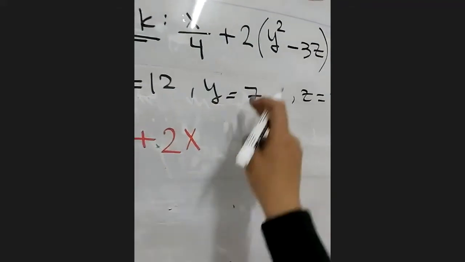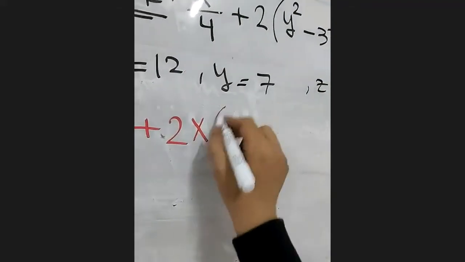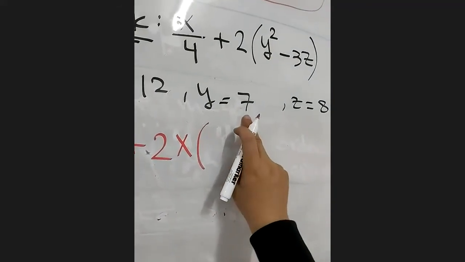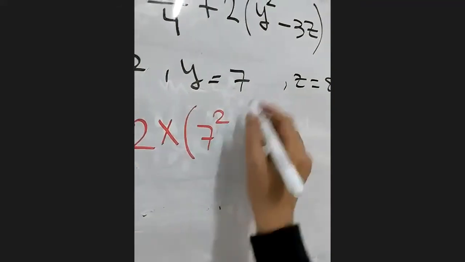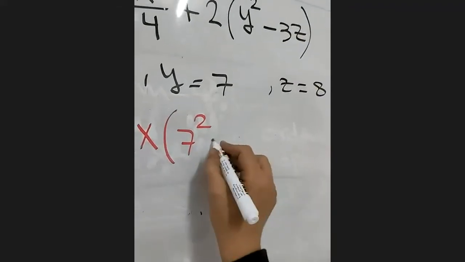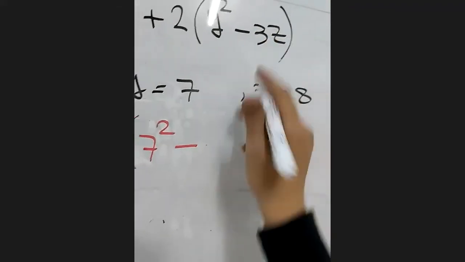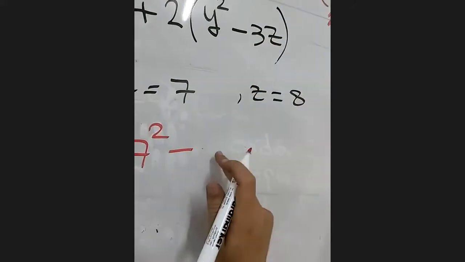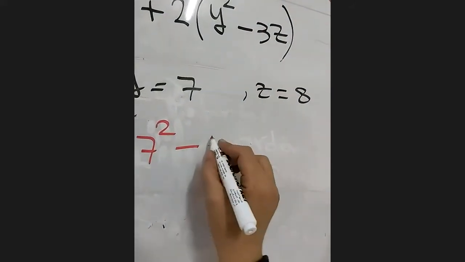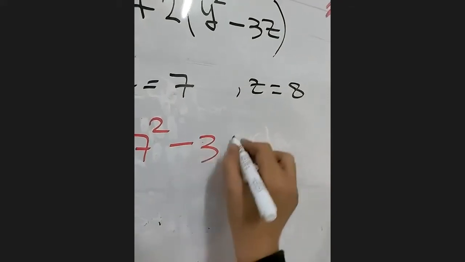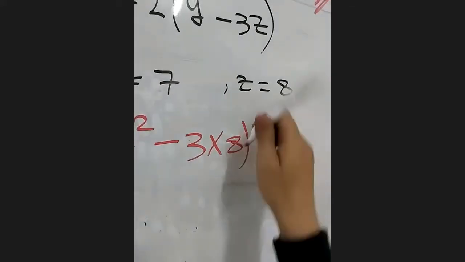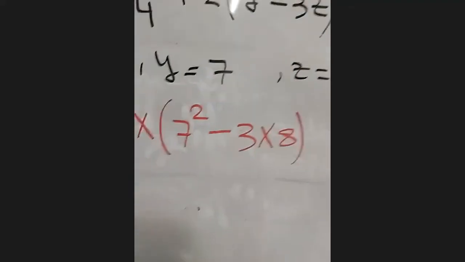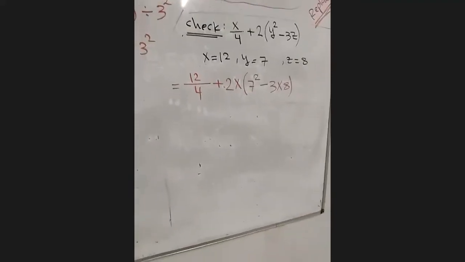Don't forget that. Then brackets, Y to the power 2, which is 7 to the power 2, minus 3Z. 3Z means 3 multiply 8, because there is nothing between 3 and Z. Do you understand it?